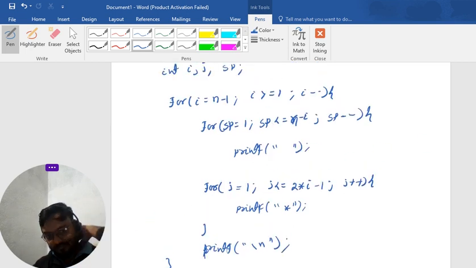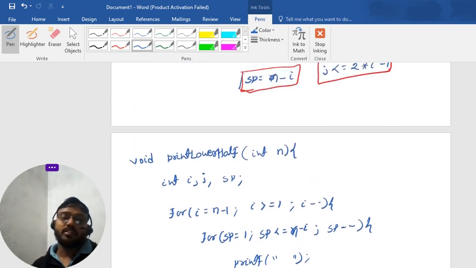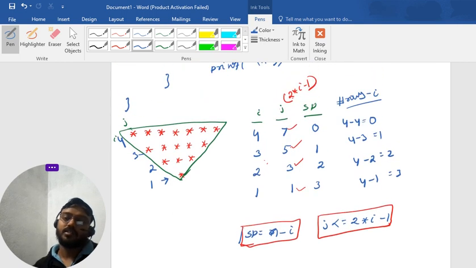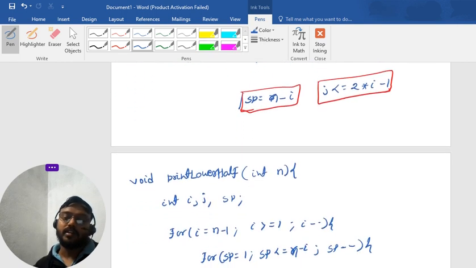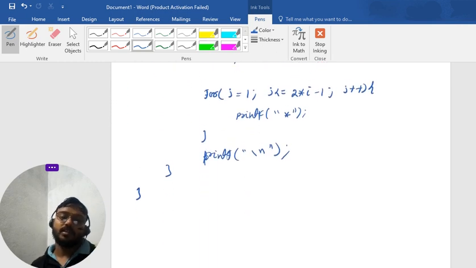Okay, so now I have two different functions for printing different halves. Then we can call that from the main function. So I believe this is fair enough.